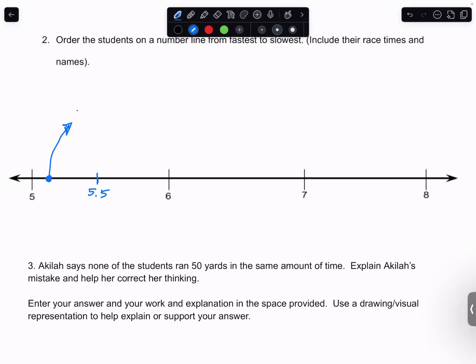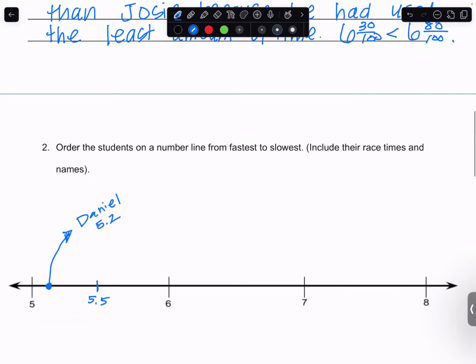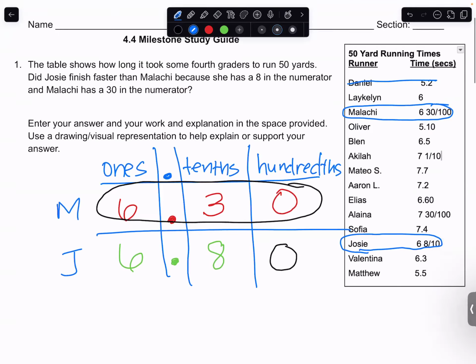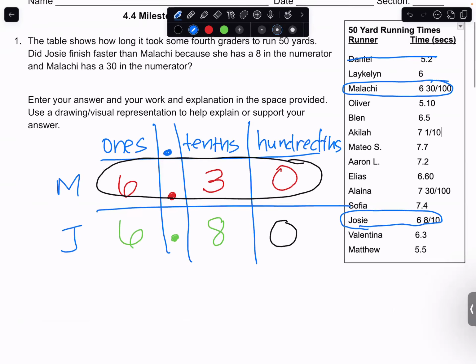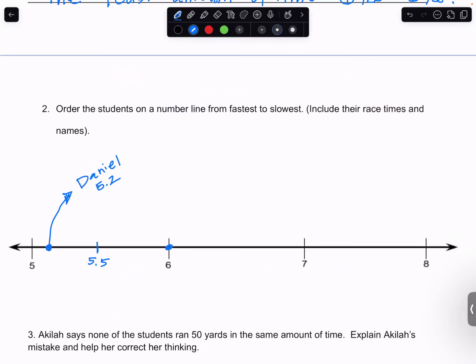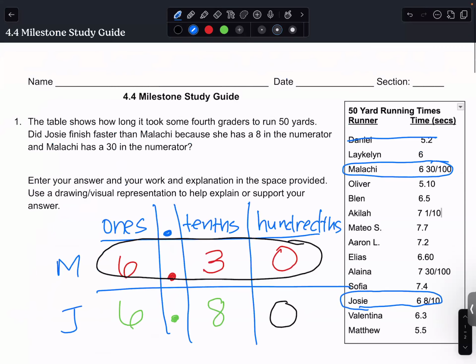We're going to write Daniel 5.2, 5 and 2 tenths. All right, so we have Daniel crossed out. It says Lakeland ran 6 seconds. So I know that Lakeland will be right here because we have our 6 right on our number line.